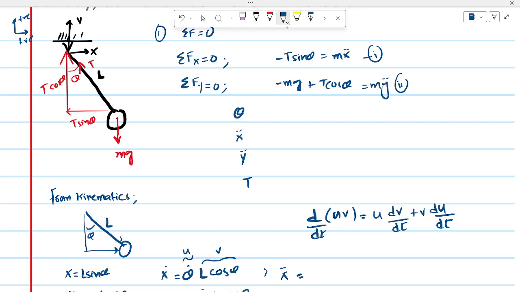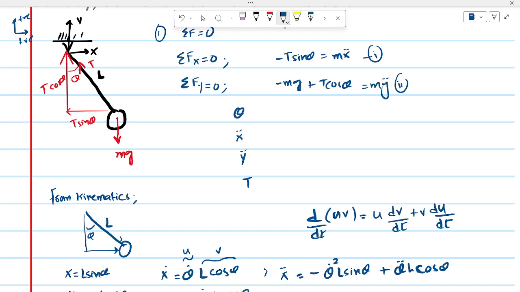So x double dot becomes minus theta dot square L sine theta plus theta double dot L cosine theta.